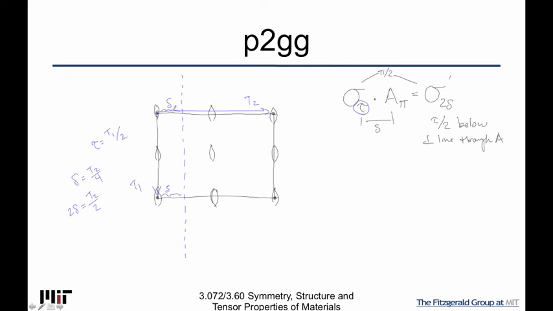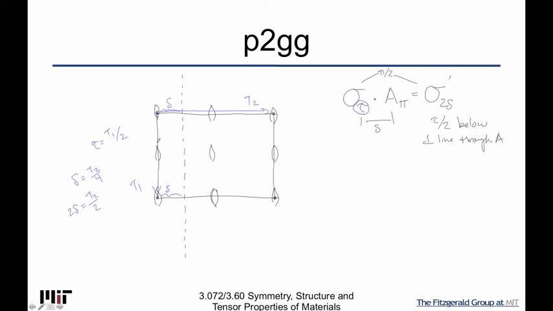So again, you see that in this direction, in the original, I'm going half the translation vector for my tau, and it actually induces in the other direction going half of t2. And remember, it's tau over 2 below the line, where tau is the original tau here. So in this case, the original tau is t1 over 2, and half of that is how far I'm going to be below, right?